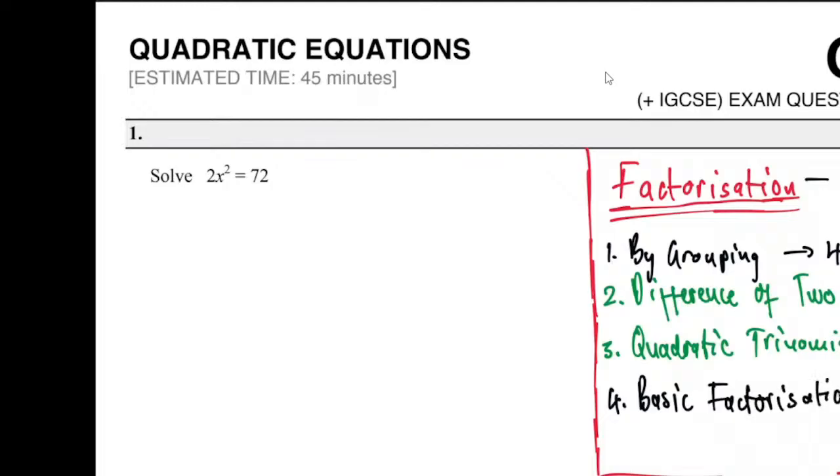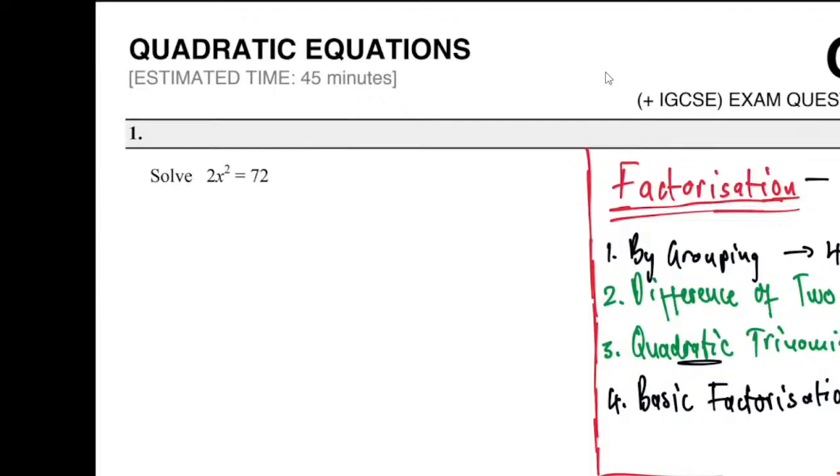Basic factorization is when you have something which is ugly. It's not four terms. It's not square numbers subtracting each other. It's not a quadratic trinomial. So you use basic factorization, where you look for a number that's common, you factor it out, then you look for a letter that's common and you factor it out.